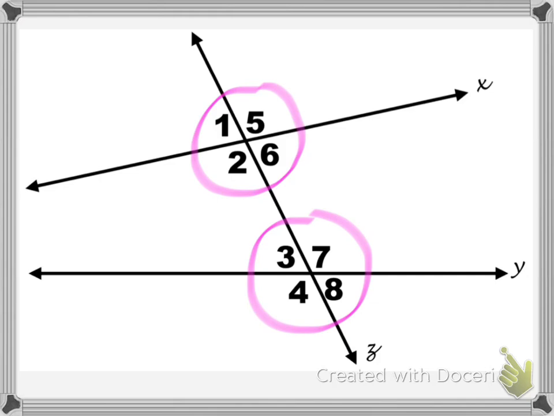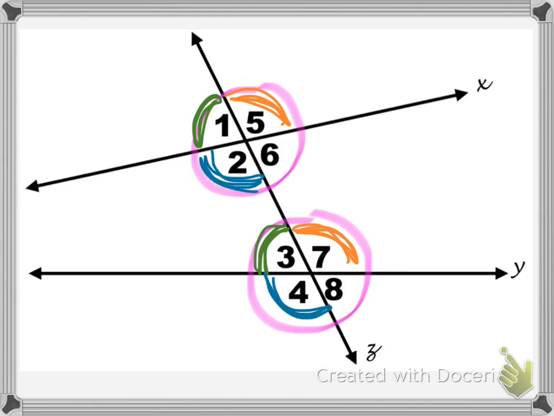If our angles are corresponding, they're in the same position. So for example, the angles in the upper left position of each intersection are angles 1 and 3. The angles in the upper right position are angles 5 and 7. The angles in the lower left position are angles 2 and 4.